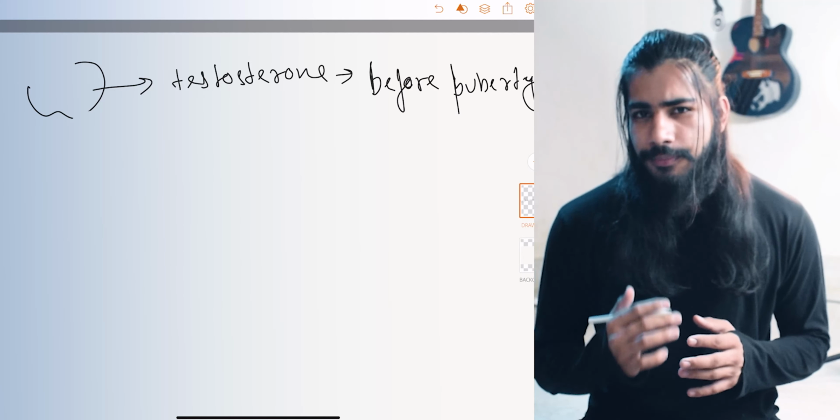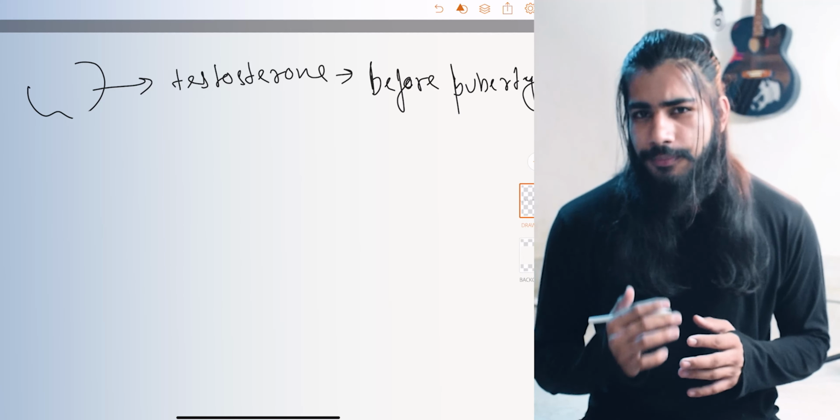This enzyme takes the testosterone and converts it into DHT. All in all, around 10% of the total testosterone that our body produces is converted into DHT with the help of this 5-AR enzyme.